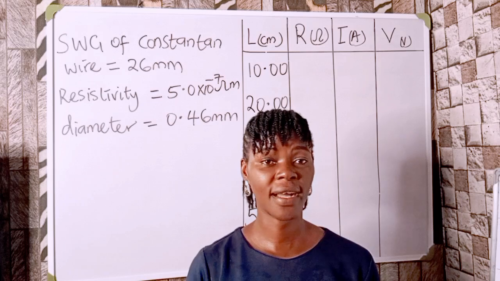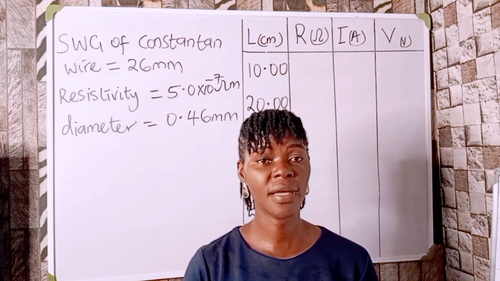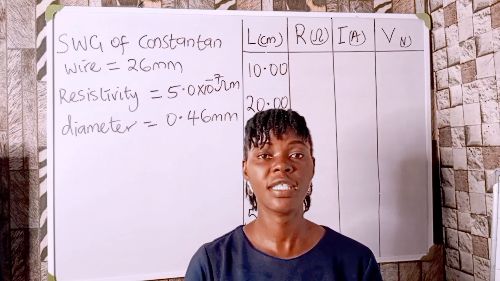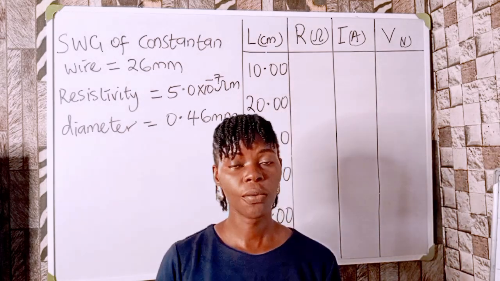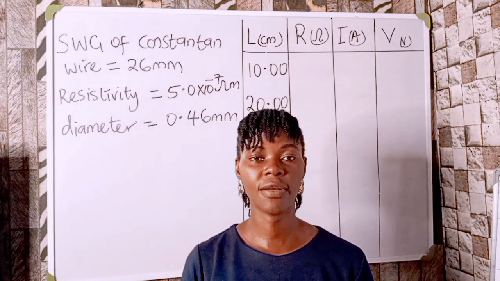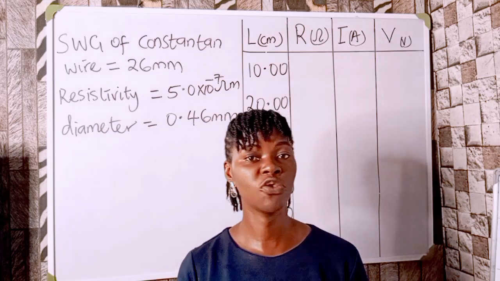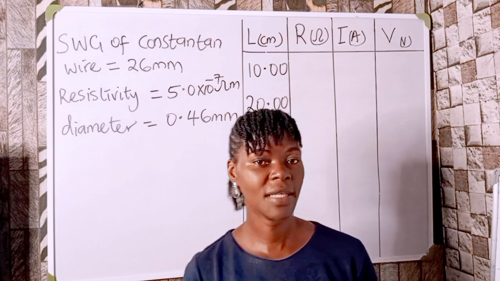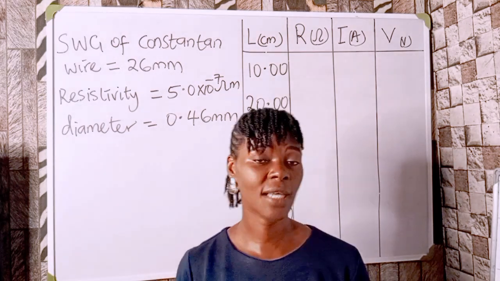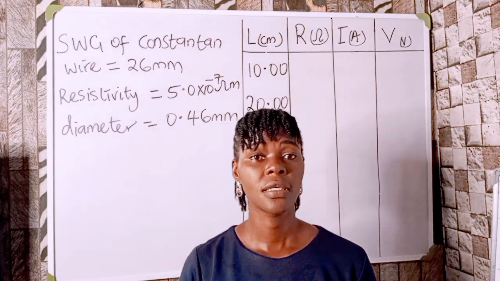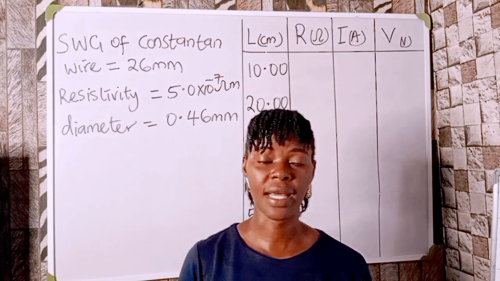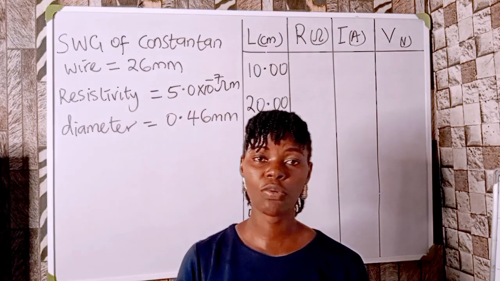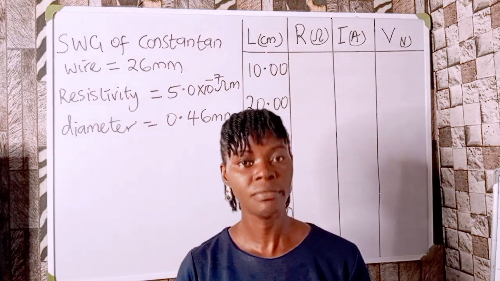Today, I'm going to look at the experiment on electricity on Neco Physics Practical 2024. So, we are asked to provide a constantan wire of SWG 26, and the diameter of SWG of a constantan wire is 0.46 millimeters, whereas the resistivity is 5.0 times 10 raised to the minus 7 ohm meters.